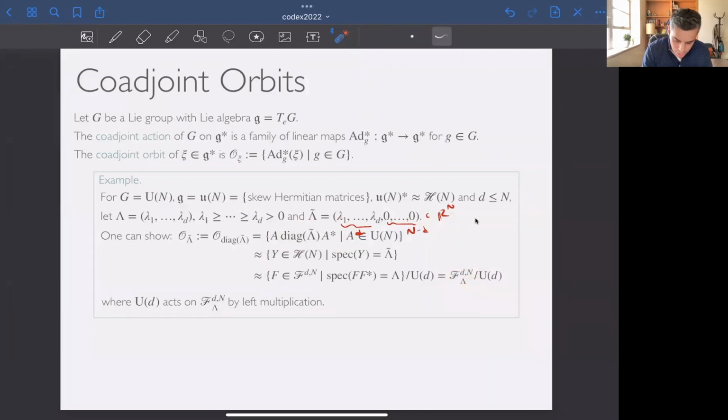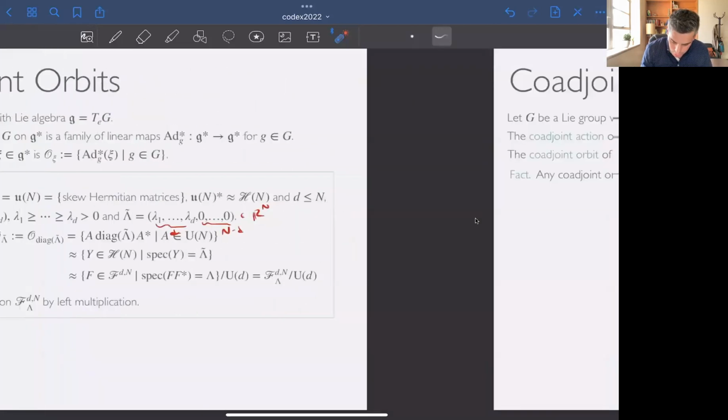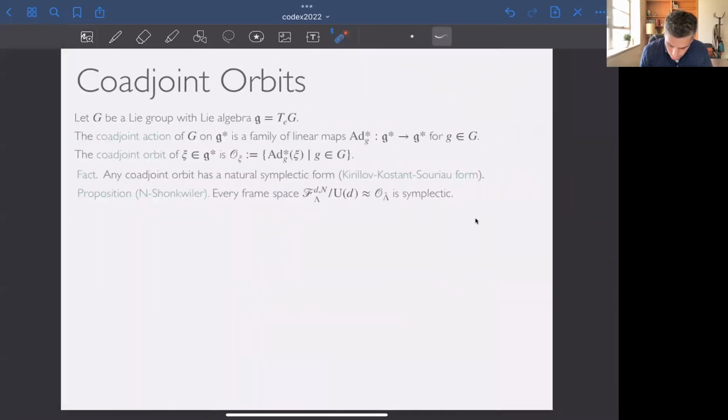Okay, so the punchline here, the first punchline, is that this space of frames with a prescribed spectrum lambda, mod UD, is a coadjoint orbit.